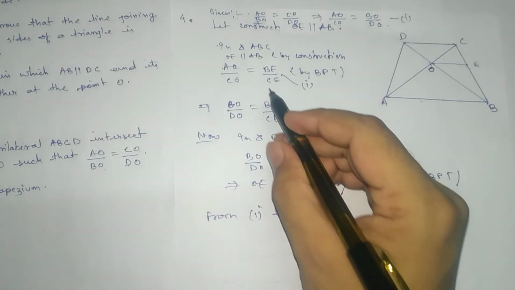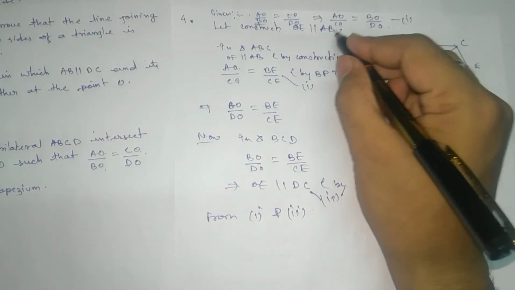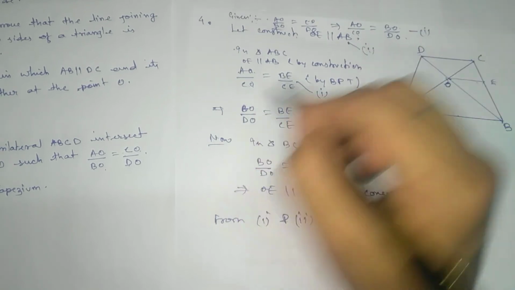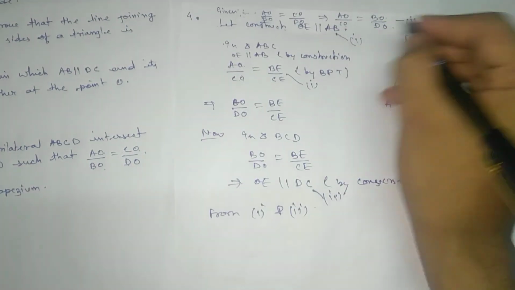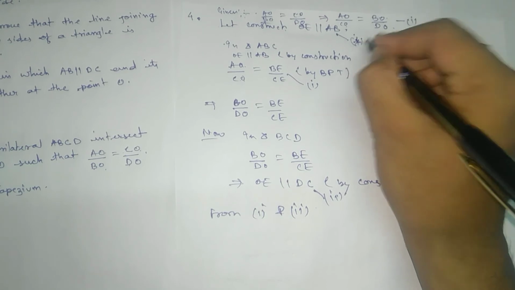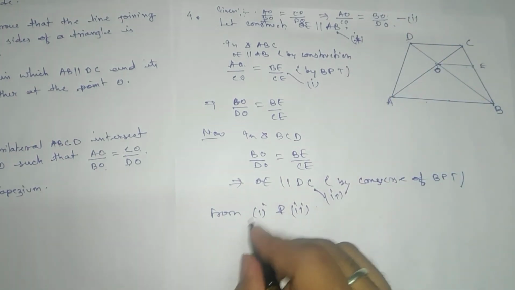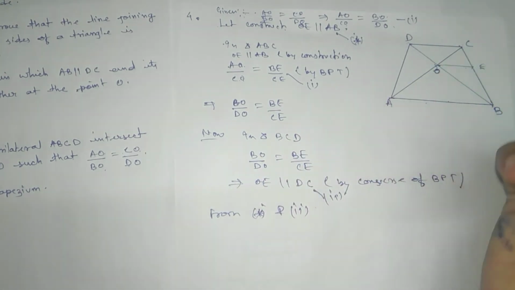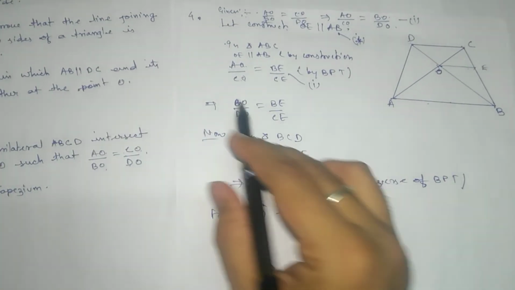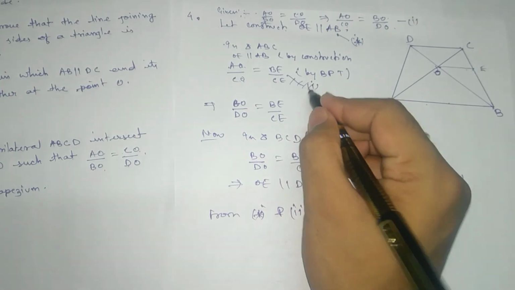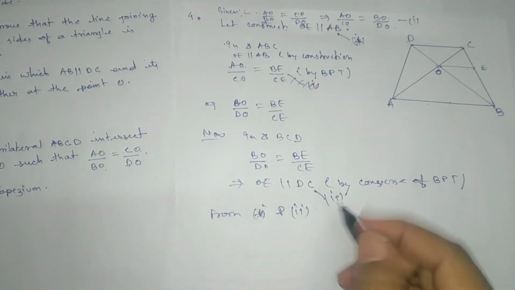Already we have 1, so no need, just take it as star. So we'll write here from star, and here no need to write this one 1. Okay, leave it. So this is your 2.